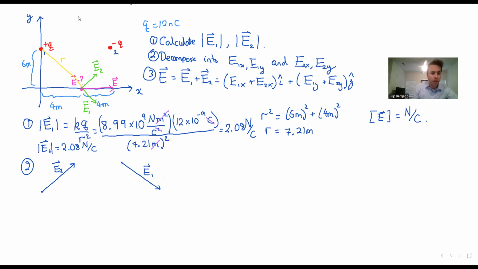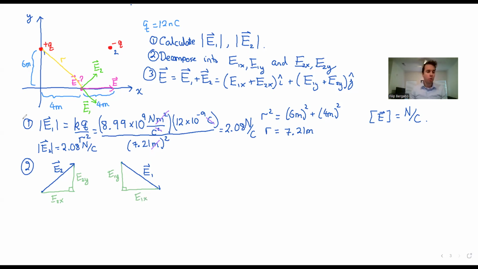Let me go ahead and do that. Maybe what I'll do is for E2, I'll draw it like this. So here I have E2x, and here E2y. And if we do the same thing for E1, we get here E1y and here E1x.